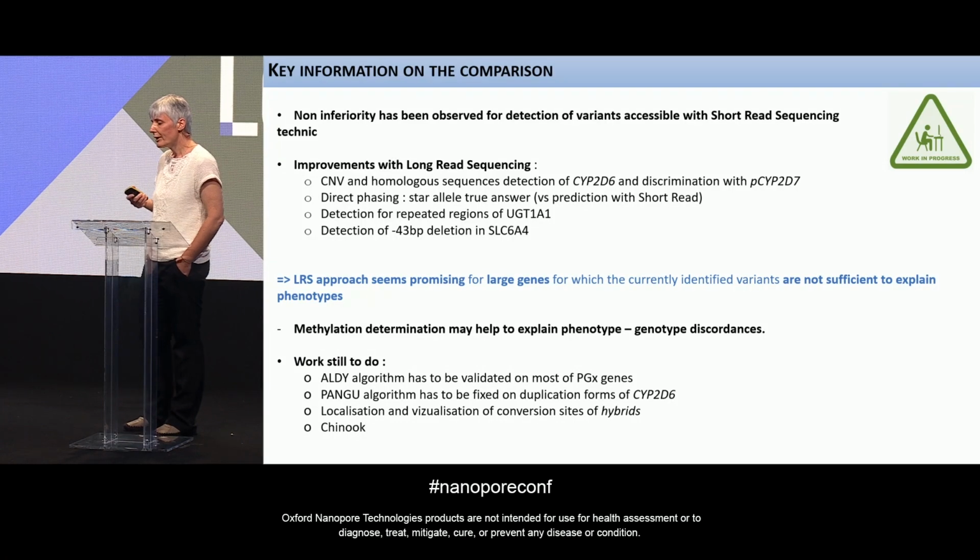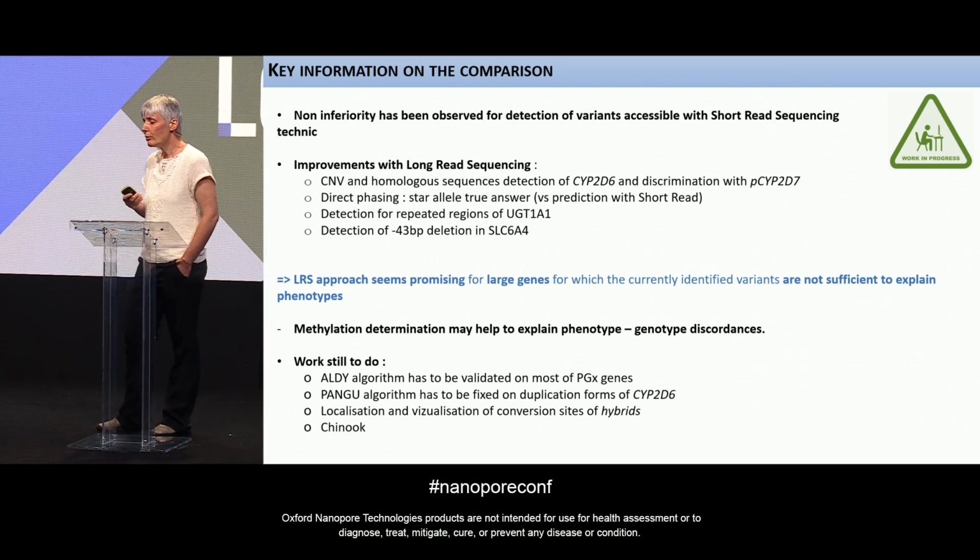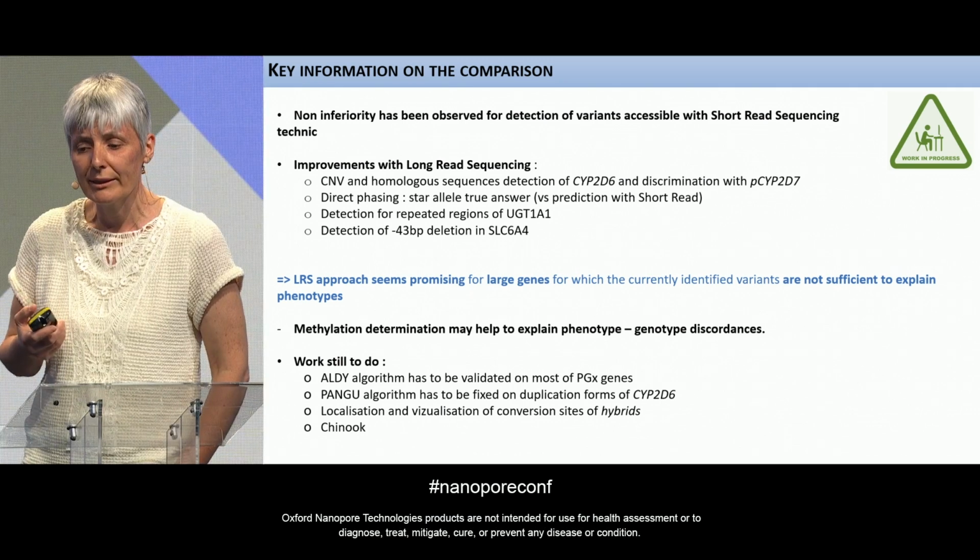Now, I would like to finish with the key information on this comparison. We didn't observe any inferiority using long-read technique for the detection of variants accessible with short-read sequencing technique.